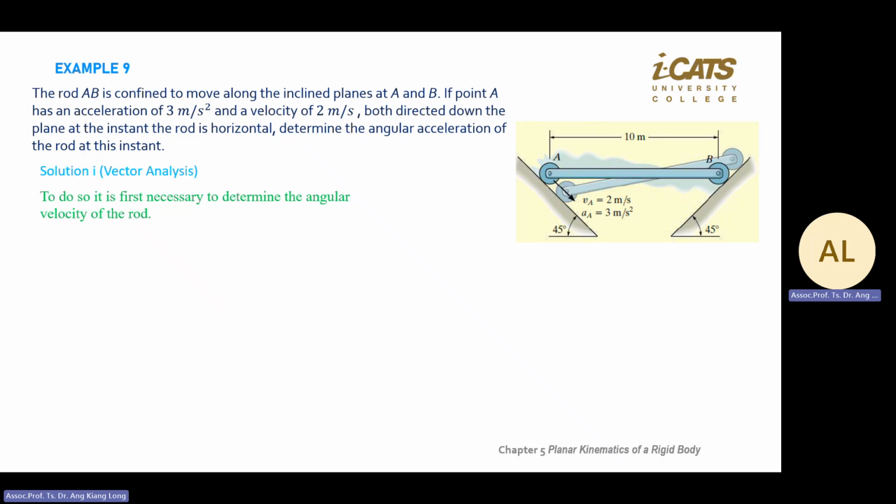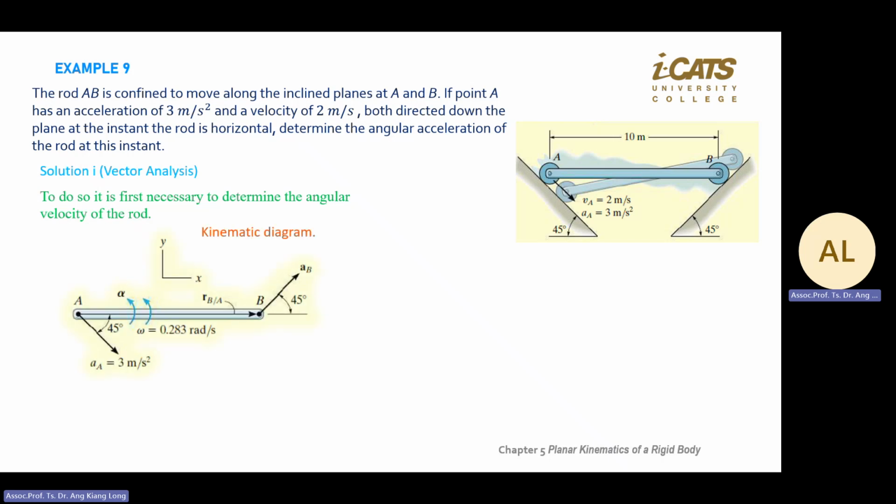So when things rotate, let's say we have this point, center of mass, at the center. You know that this one rotates in this direction, omega. So your A will move down here, and your VB will move down there. Okay.